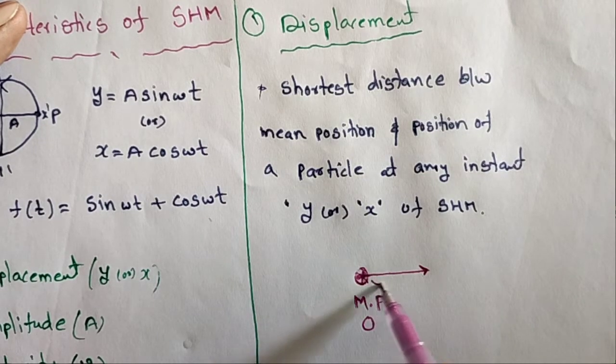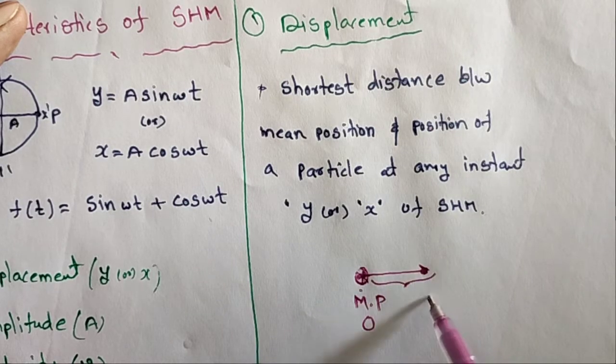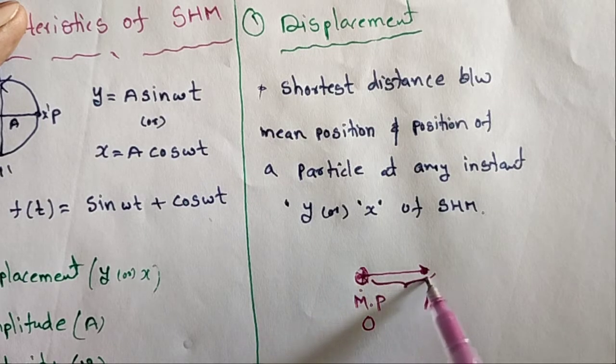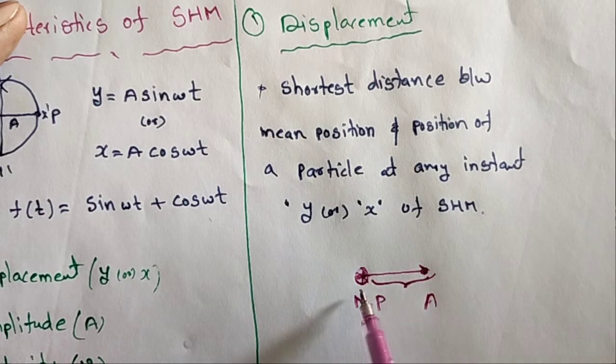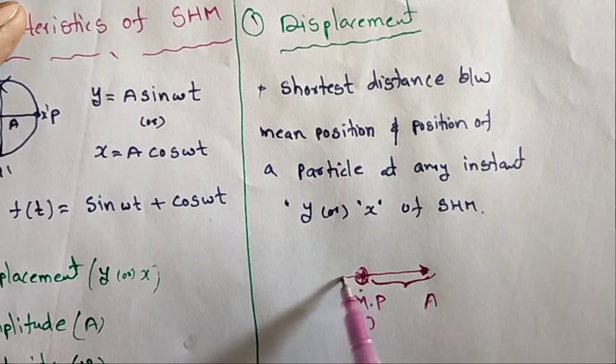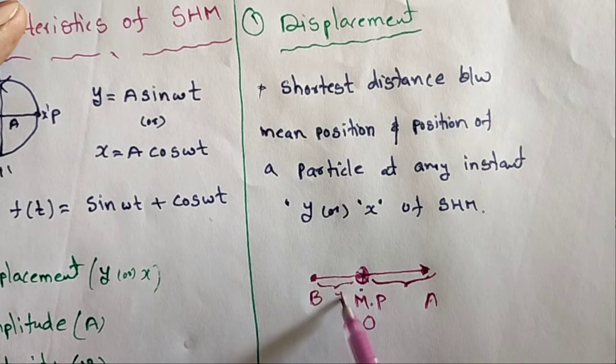This is the shortest distance from the mean position to the position of the particle at any instant of time. It is called displacement. Suppose the particle is moving in the left direction and reaches position B, that is also displacement.